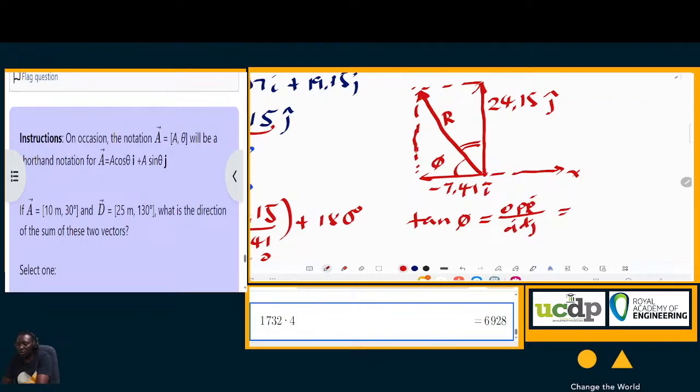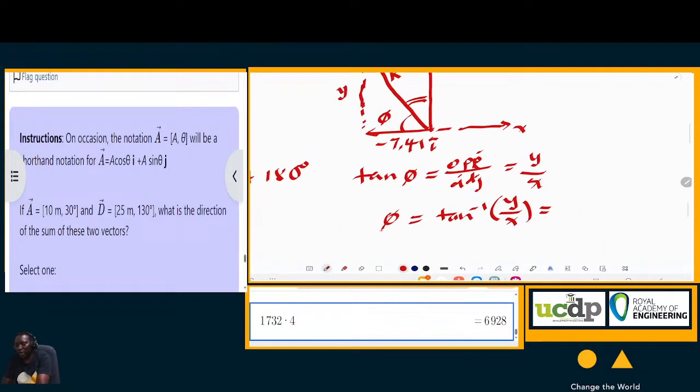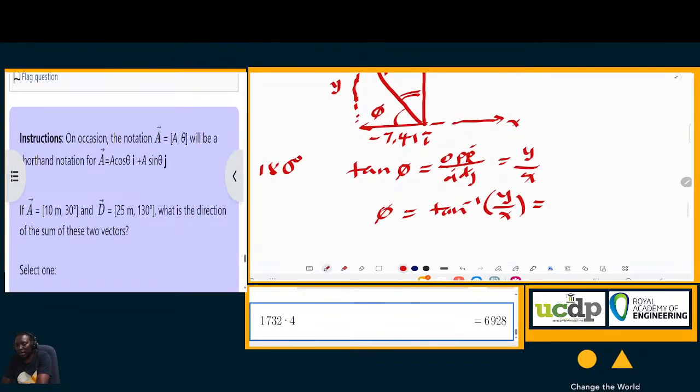In this case, the opposite is the y and the adjacent is the x, right? So when we want phi, we take arctan of the opposite over the adjacent. That's why we have the y being 24.15, so that's arctan of 24.15 all over minus 7.41 with its sign, right?